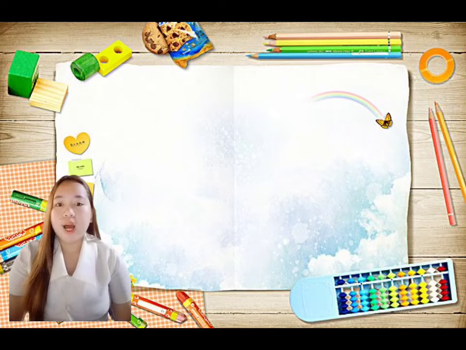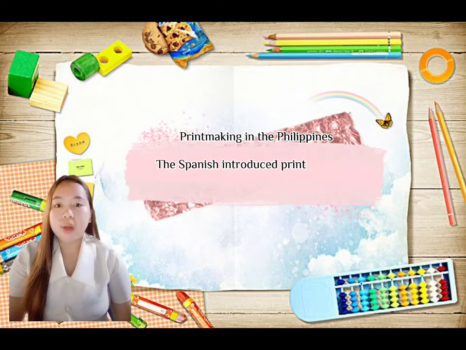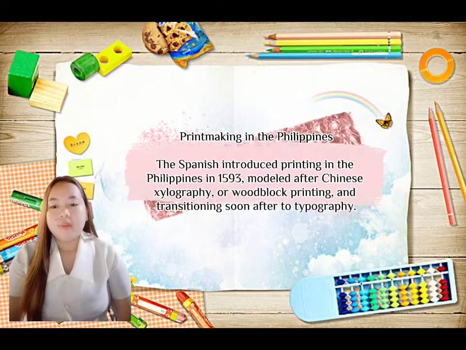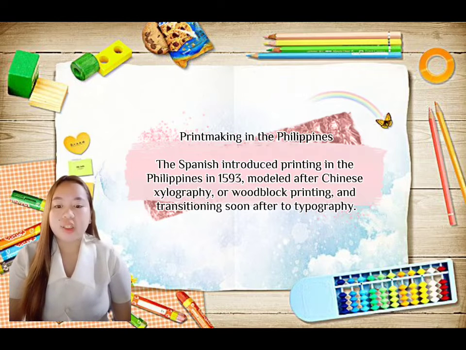So now let us talk about printmaking in the Philippines. The Spanish introduced printing in the Philippines in 1593, modeled after Chinese xylography or woodblock printing, and transitioning soon after to typography.